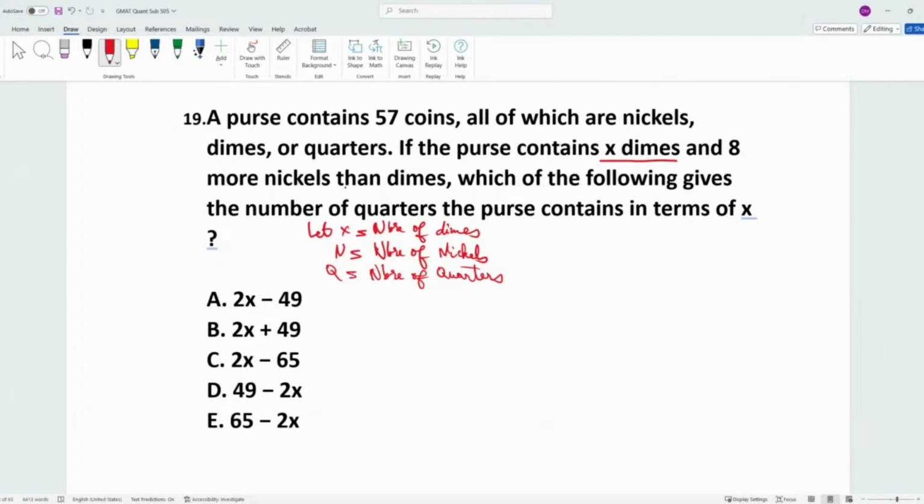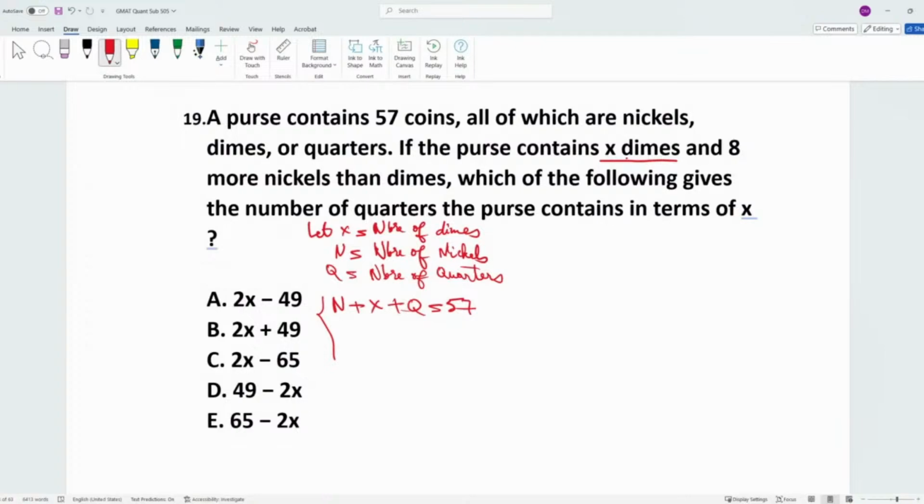And it says to us that, first of all, N, the nickels, plus X, which is the number of dimes, plus Q is equal to 57, because he said a purse contains 57 coins, all of which are nickels, dimes, and quarters. Okay, that's the first equation.